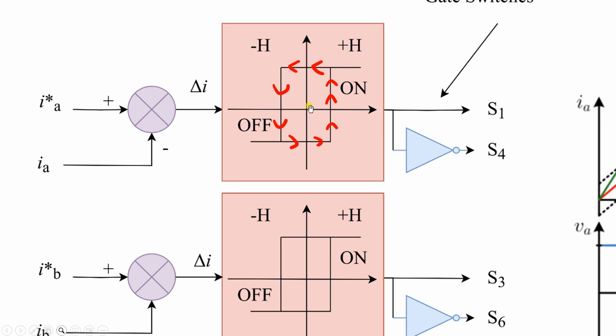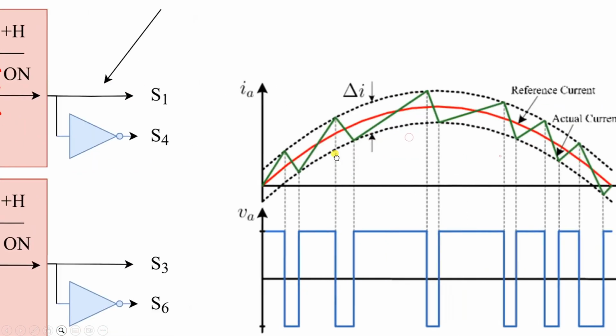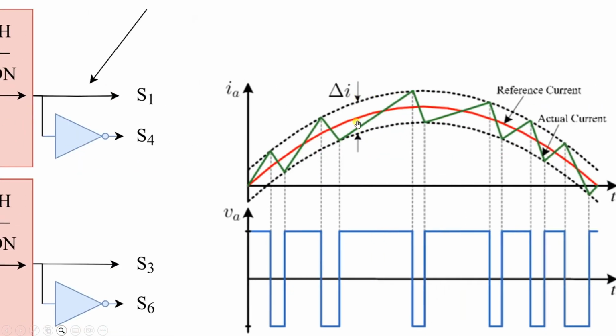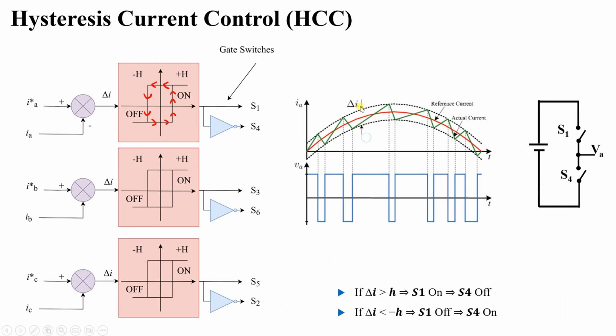So it is as if on and off, on and off. And you can see the on and off depends on the hysteresis band. This band here, the hysteresis band, is 2H. We have the lower limit and the upper limit, and between them this gap is 2H.